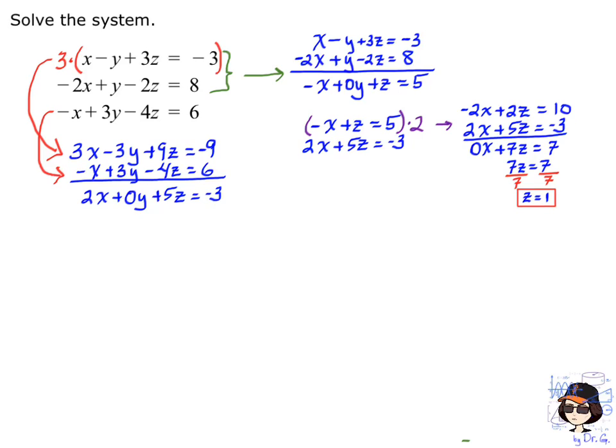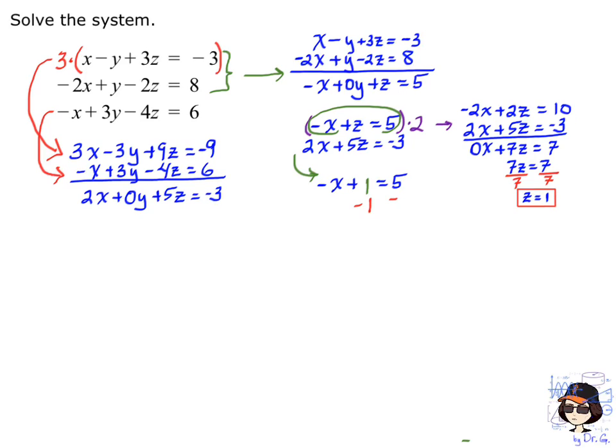Now, remember, we have to go back to one of the two equations that we had, take that number for z, and plug it in to get x. I'm going to take that first equation. It doesn't matter which one you choose. I get negative x plus 1 equals 5.